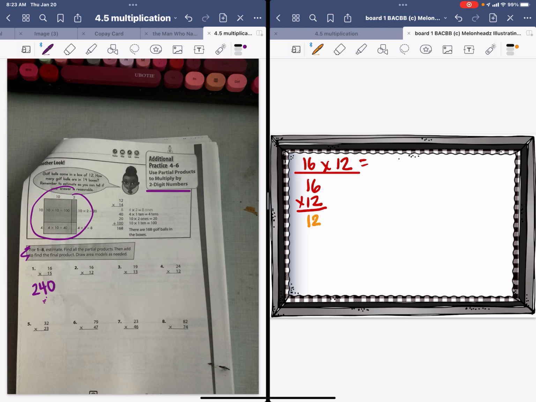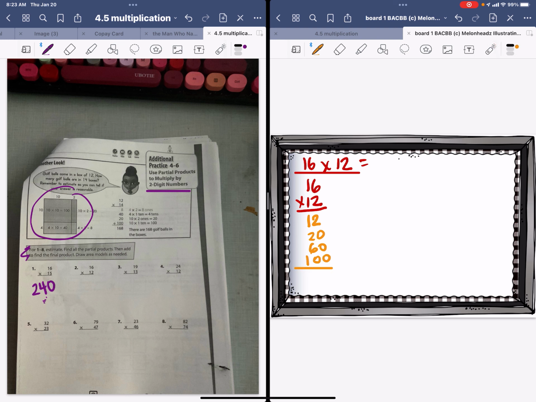And then next I'm going to multiply 2 ones times 10. 2 times 10 is 20. Next, I'm going to multiply 10 times 6. 10 times 6 is 60. Next, I'm going to multiply 10 times 10. 10 times 10 is 100.